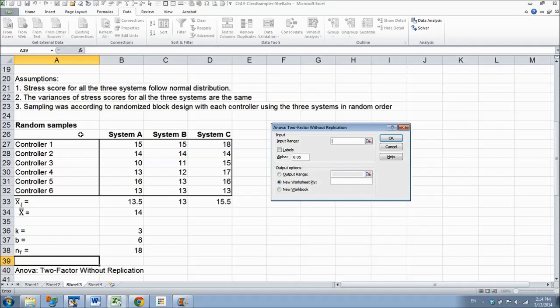Input range must include both the labels for the treatment and the labels for the block. Click labels, and then let's put the output range right here. Click OK.